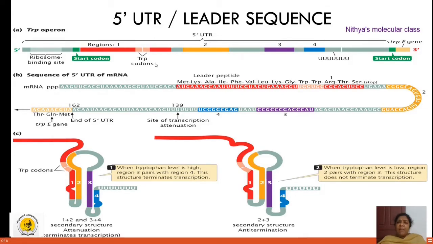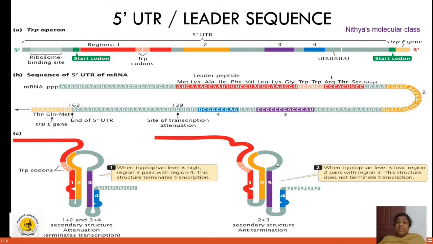When this mRNA is produced, it will have different types of looping arrangements. If the secondary structure comes as 3 and 4 complementing, or 1 and 2 complementing, such a loop structure can influence the transcription. If this structure comes for the mRNA produced from the 5' UTR region, then they can terminate the transcription.